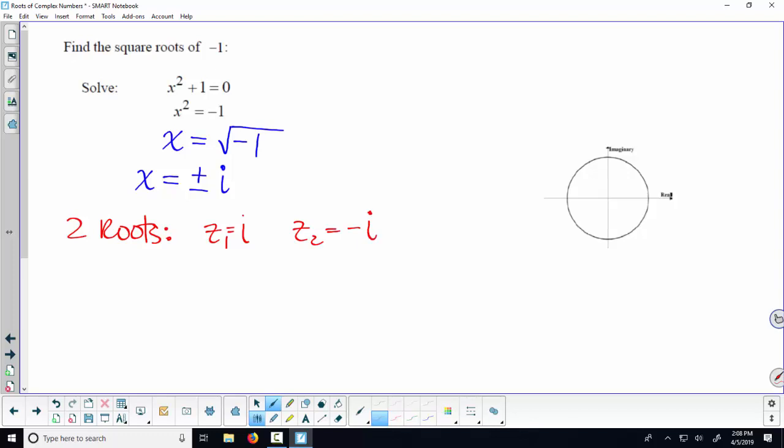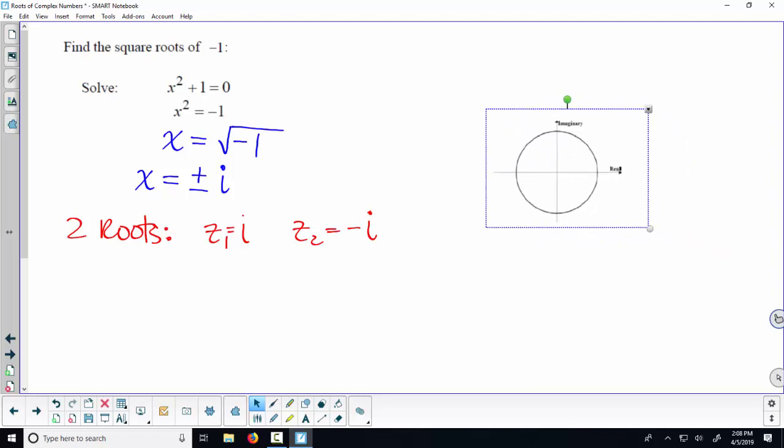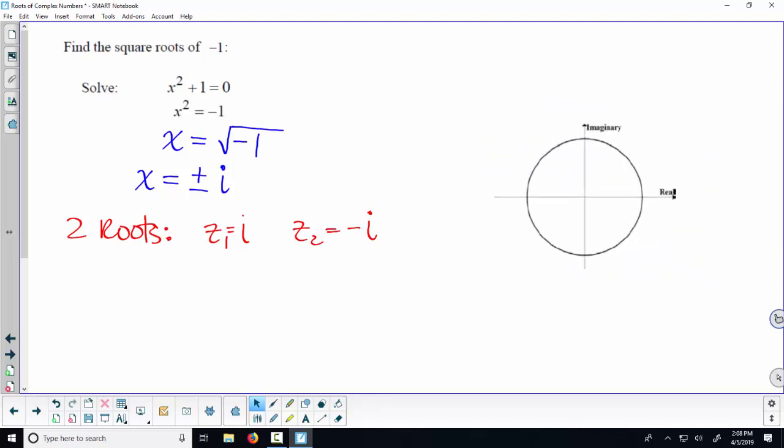Okay? If I graph those in the complex plane, then we can see they are both located on the imaginary axis. So this is i and this is negative i. And once again, spaced evenly about a circle of radius 1, 180 degrees apart.